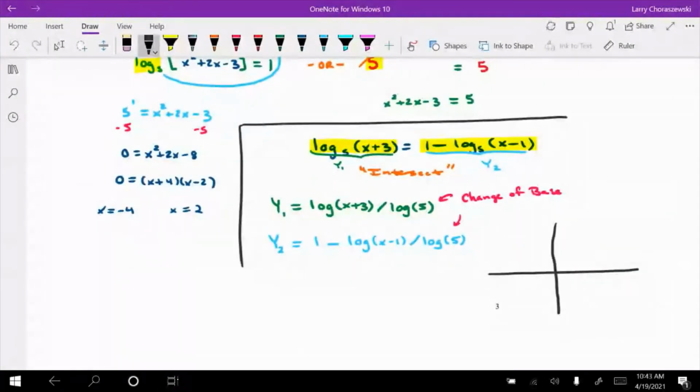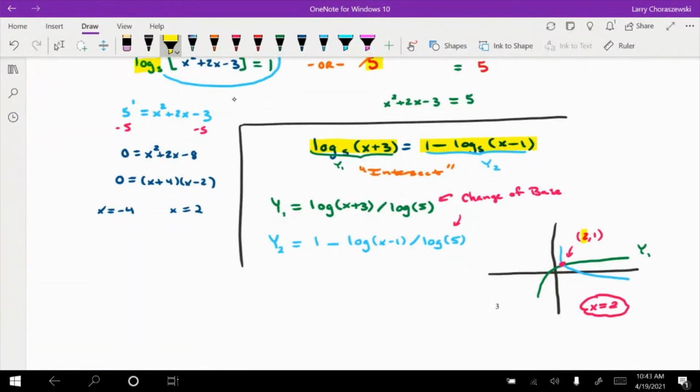So let me sketch this all out. Here's what y1 did. And then here's what y2 did. Something like this. So it would appear as though our graphing calculator indicates that there's just one answer for x, and that would be x equals 2.